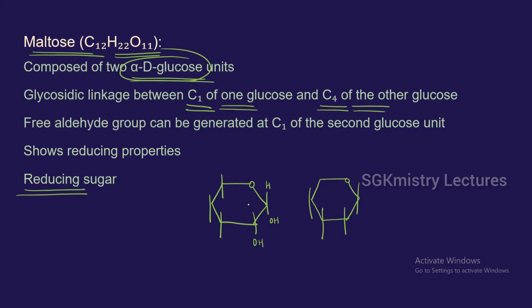Then we have here OH, H, here H, OH, here OH and H. Here we have H and CH2OH. The same thing is for this particular glucose also, because both are alpha D glucose. So I'm writing the same structure. Here CH2OH. Here we have OH and H, right?